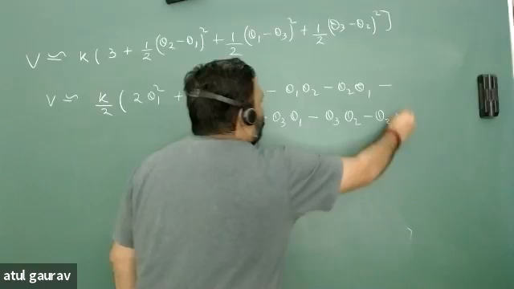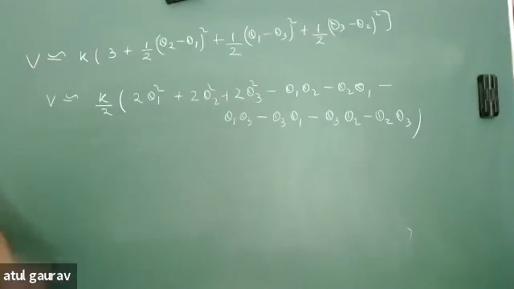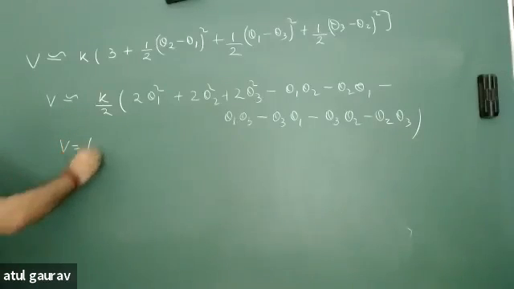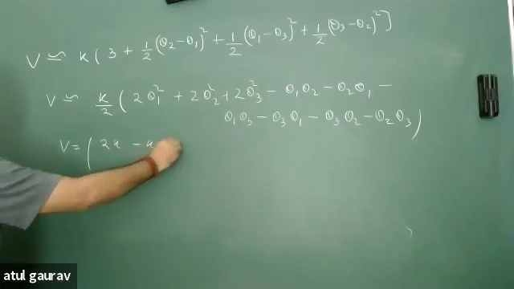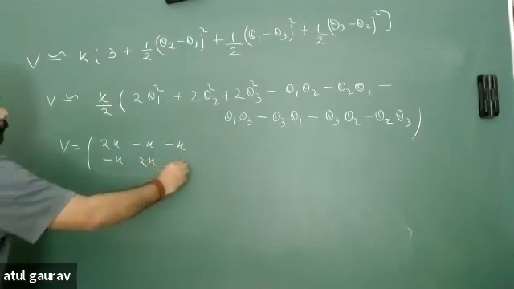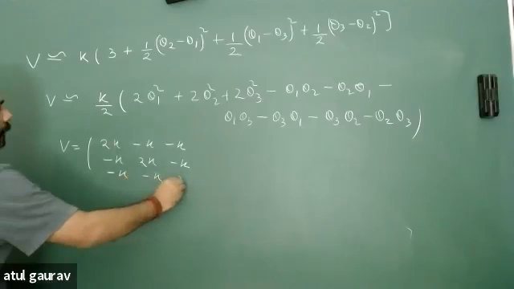This is the same potential we did in the last class for the circle. The matrix will be 2k, minus k, minus k; minus k, 2k, minus k; minus k, minus k, 2k.